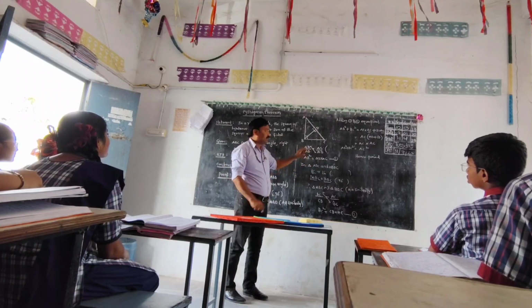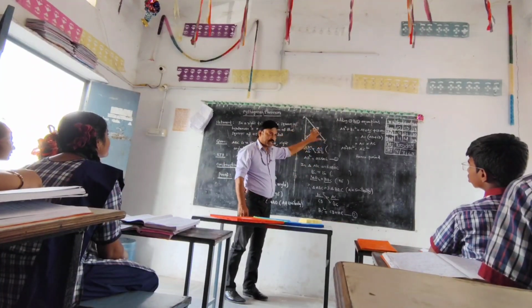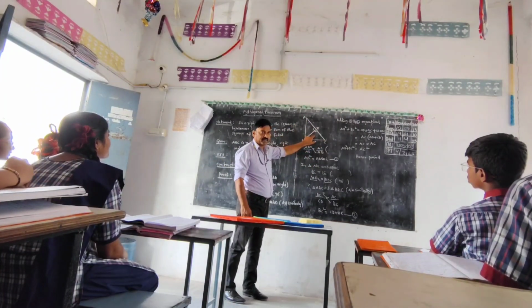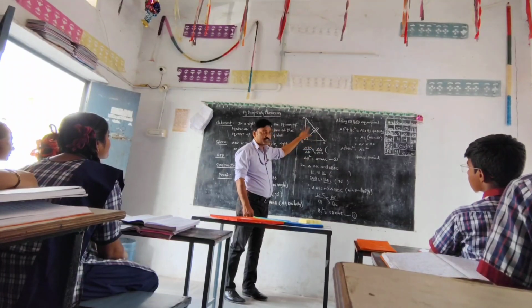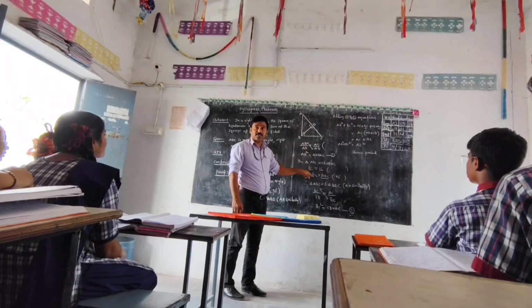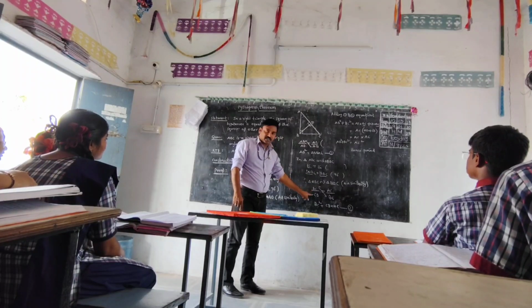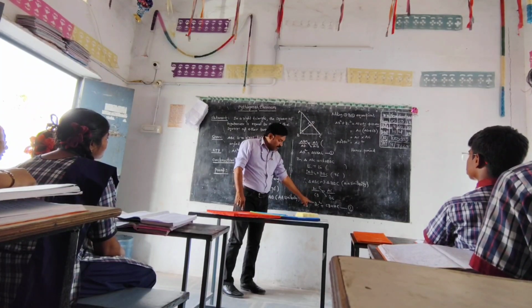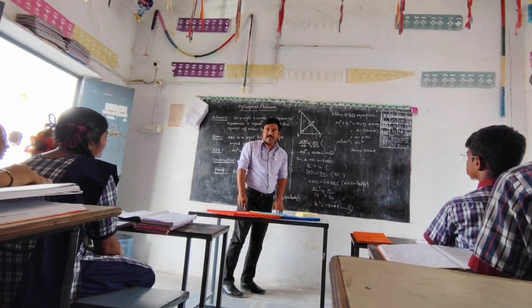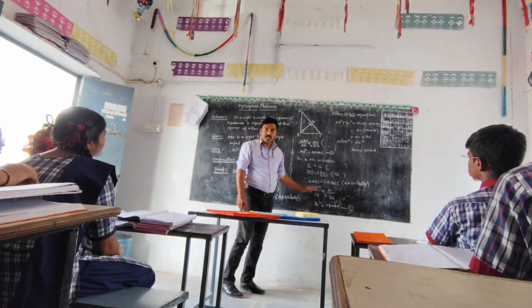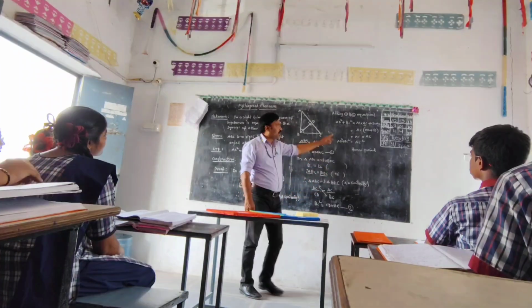Next, the second pair: again the big triangle and the second small triangle. Here also we show they are similar by AA similarity. Next, corresponding sides are equal and we got BC square is equal to CD into AC. This is the second equation. So these two equations we have to add.